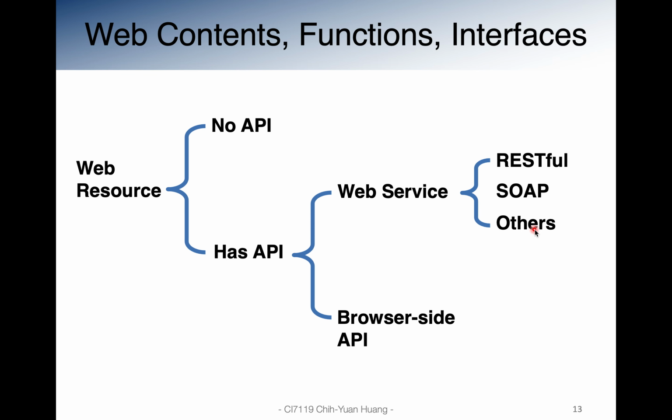And in terms of the browser-side API, it can mainly be identified as two categories. One is the JavaScript API. Because here we identify it as the browser-side API, it means the API or SDK is mainly to be executed on the web browser, and in this case, we write programs to be executed on the web browser.